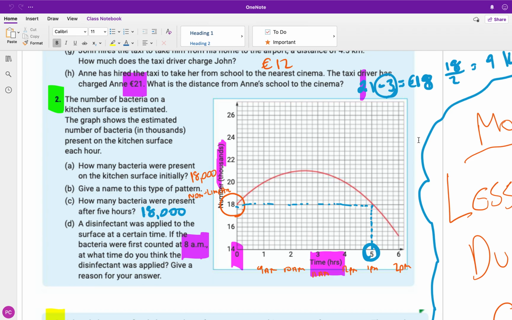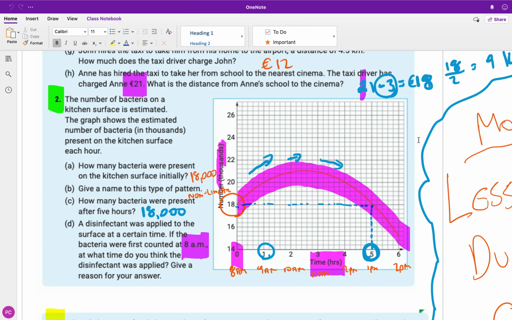So when do you think the antibacterial was applied? If you look at the growth, it goes up and up, and then it starts to drop and drop. It's definitely not at 9 o'clock because we're still getting the upward trend. At 10 o'clock, we're still getting the upward trend. At 11 o'clock, it's on its way down.